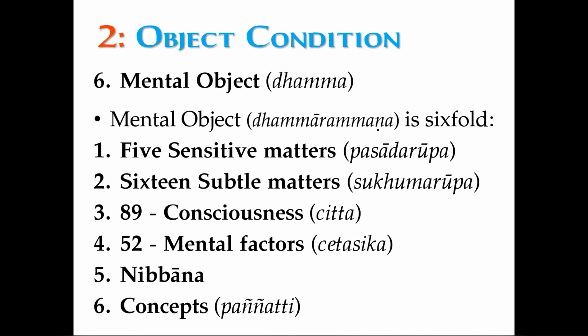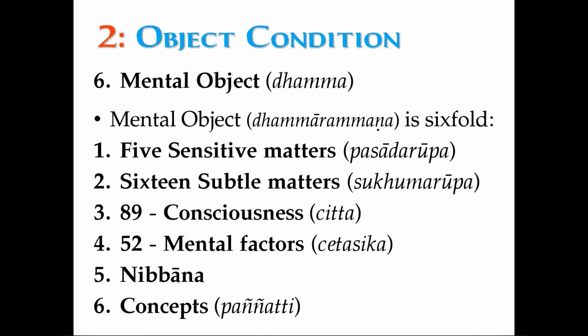Because of that, we have 5 sensitive matters, 16 subtle matters, 89 cittas, 52 cetasikas, Nibbana, concept. So if we look here, Nibbana is an object of the mind. You cannot go to Nibbana if you look at the Abhidhamma, right? There are many ways to explain that. Nibbana is not a place to go, but Nibbana is an object that we can experience with our mind.